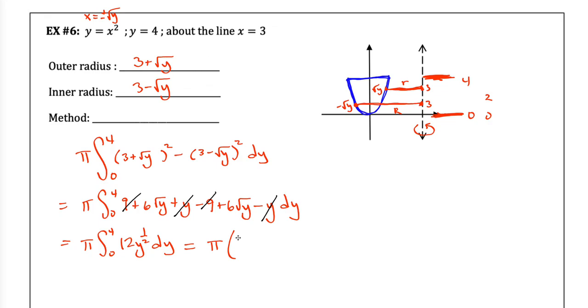So 12 times 2/3, 24 thirds. I guess that's 8. 8, y to the 3 halves. 0 to 4. 2 cubed, 8, 64. 0. 64 pi.